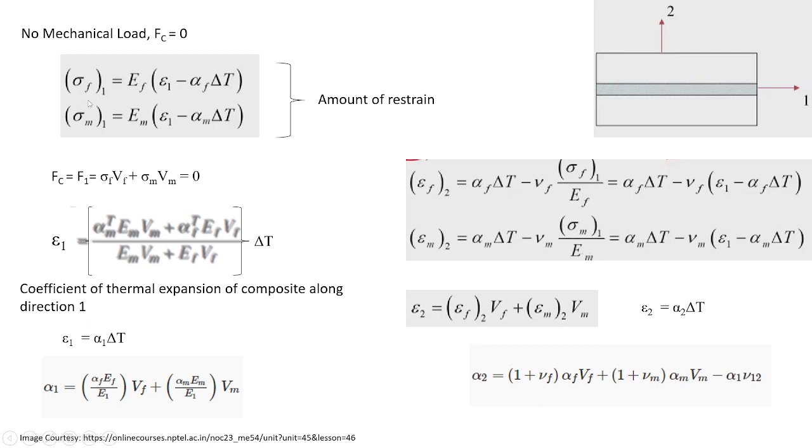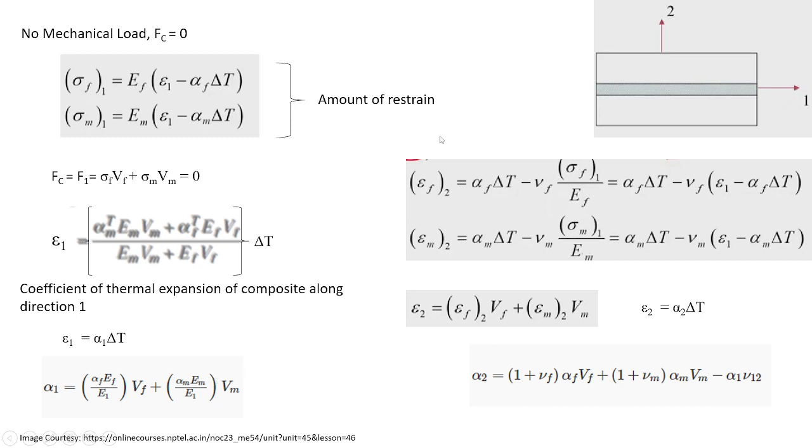Substituting these values in this equation, we get the equation of strain in direction 1 in terms of delta T. Comparing it with the coefficient of thermal expansion of the composite along direction 1 and equating them, we get the value of alpha_1.